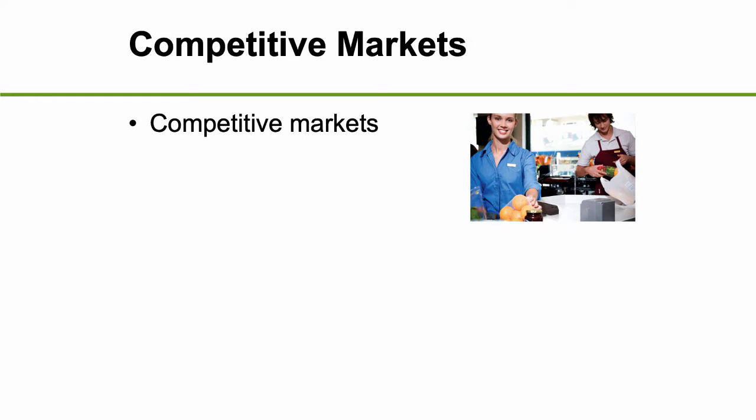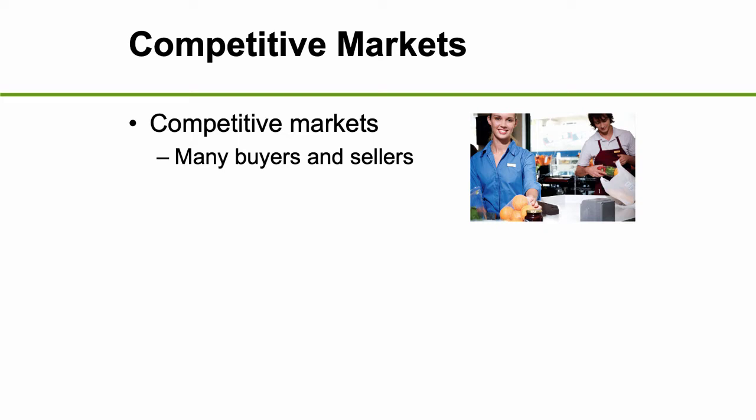So, as we look into competition, let's try to understand more about the competitive market, and then we'll start to put in place this idea of maximizing profits and how that fits together. Okay, in competition, we have lots of buyers and sellers. Lots and lots and lots of buyers and sellers.